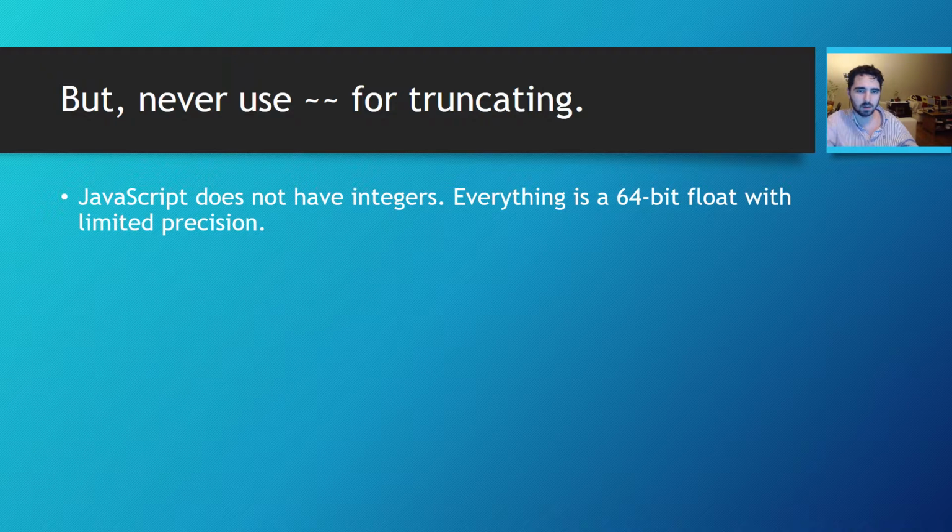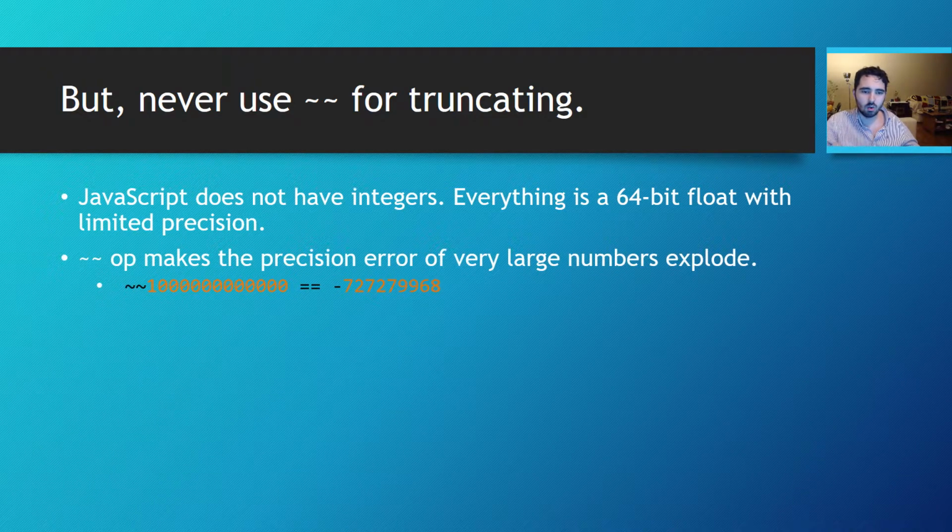And what I found in my testing is that the double tilde operator makes precision error explode with large numbers. For instance, when you take this really long positive integer and double tilde it, you actually get a negative integer, so it's not even the right sign. And this created a serious bug for me a while back while I was working on a web application.